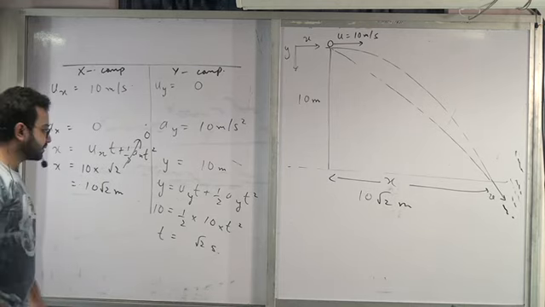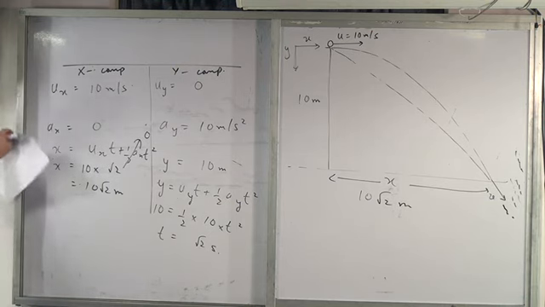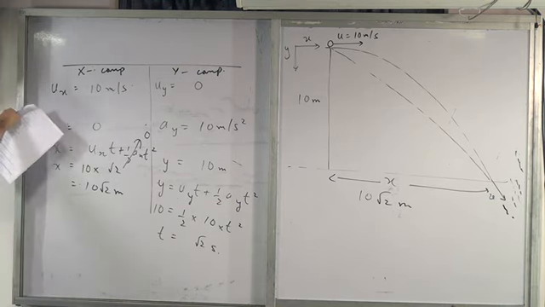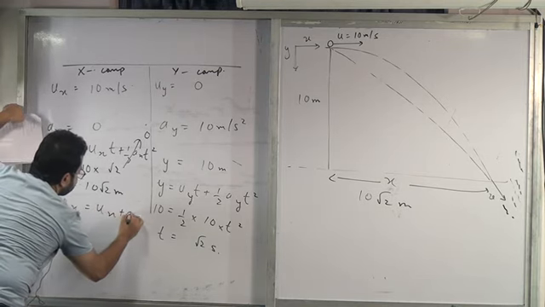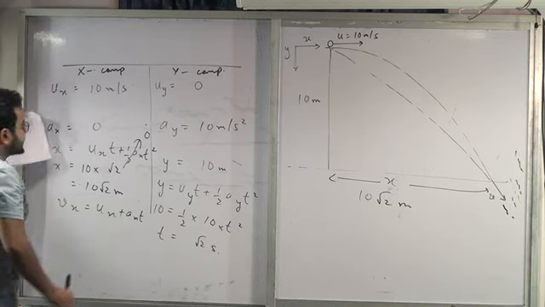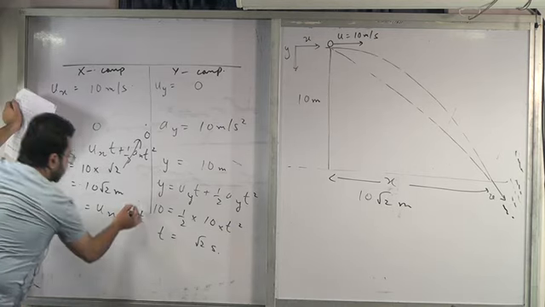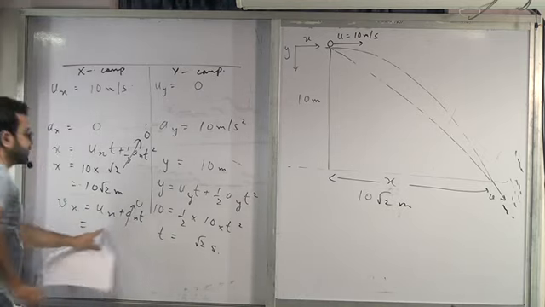How do I find vx? Tell me, how do I find vx? Excellent. Vx is equal to ux plus ax into t. Now what is ax? 0. So Vx is equal to ux.